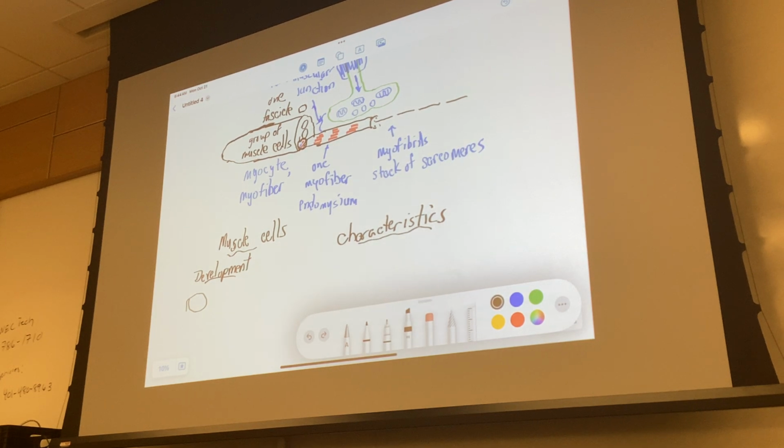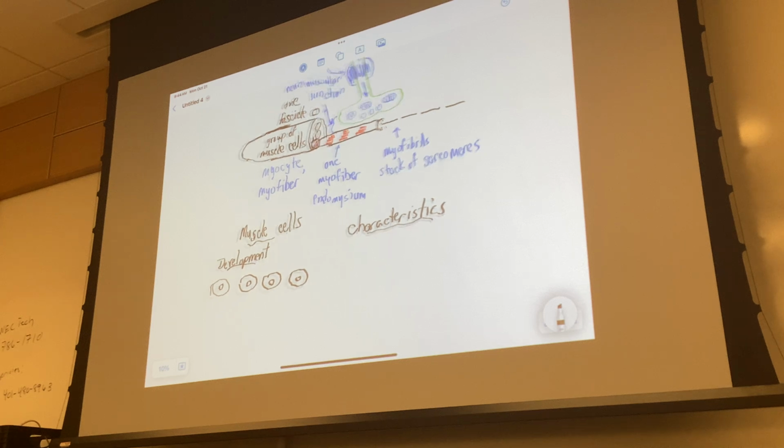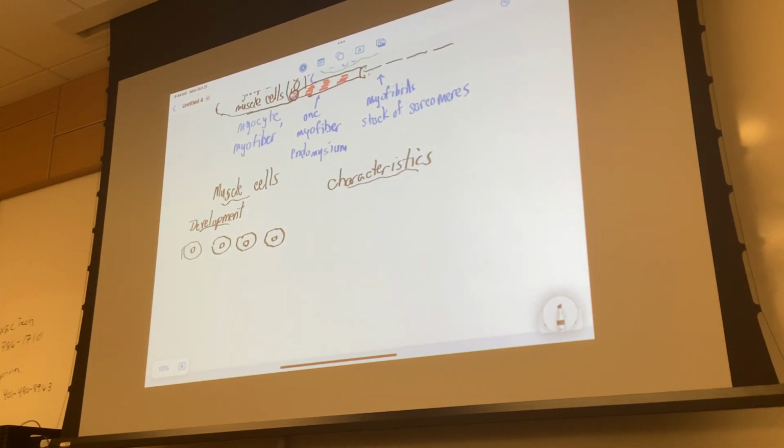If this is an example of four muscle cells that are developing in utero, how do these muscle cells progress over time, and what do they look like when they're born? So the muscle cells go through this process. Instead of mitosis and cytokinesis, there's literally a version of reverse cytokinesis.